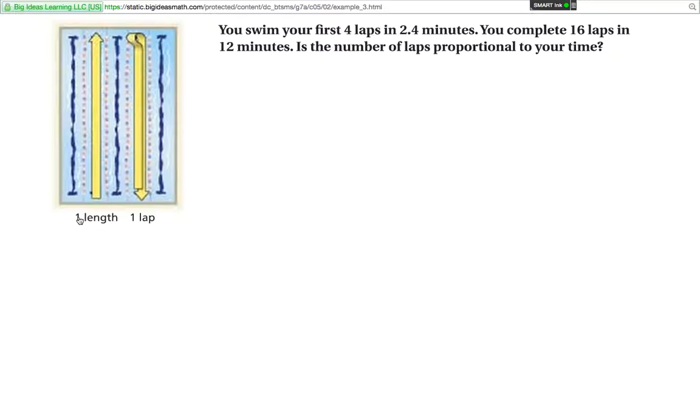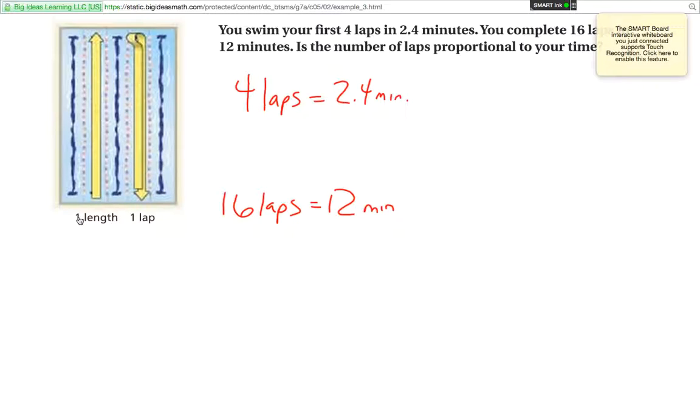Looking at the first one, they're doing 4 laps in 2.4 minutes, but you complete a total of 16 laps in 12 minutes. So I'm writing out my stats, trying to organize everything I have here. I'm going to set up some ratios, and then I can make some proportions.